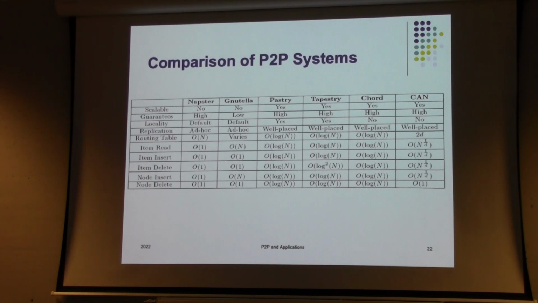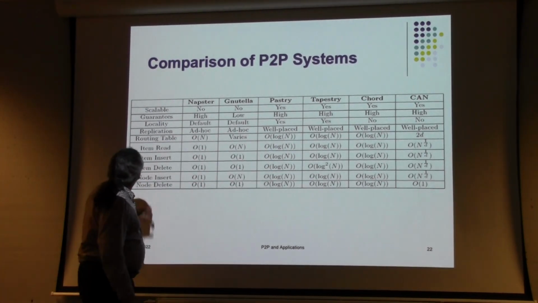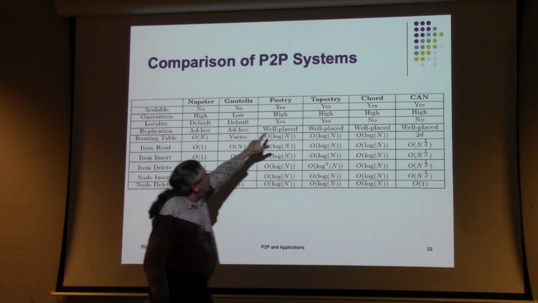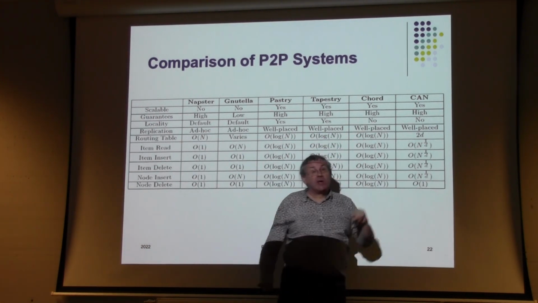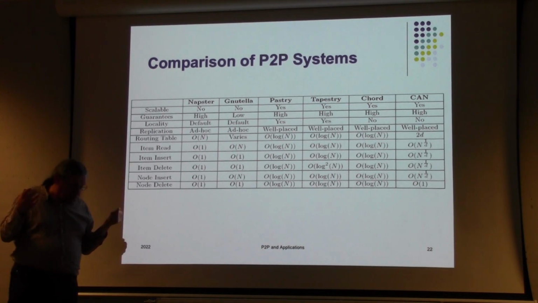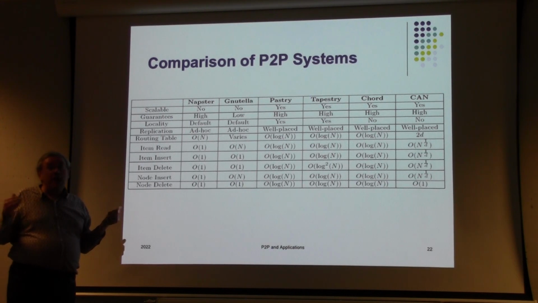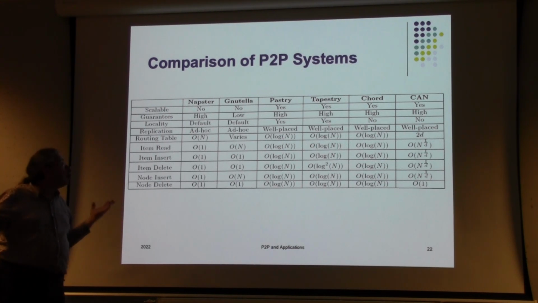So here's a table comparing these: Napster, Gnutella, Pastry, Tapestry, Chord. Chord is scalable because if the number of files increases and the number of nodes is proportional to the number of files, it will work no matter how many there are.